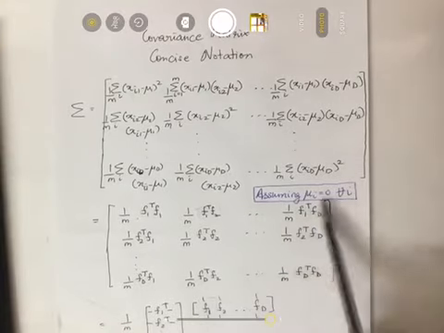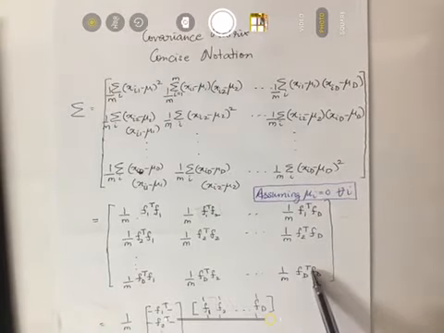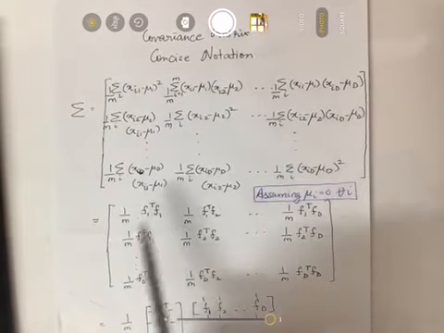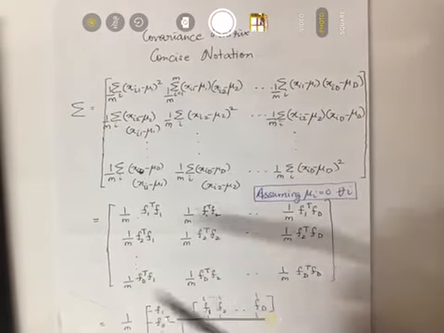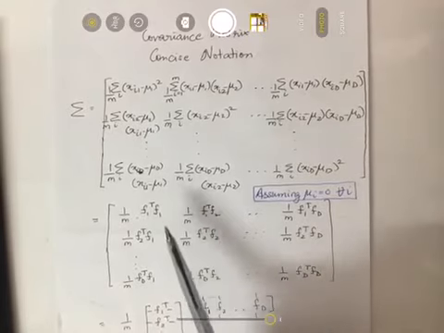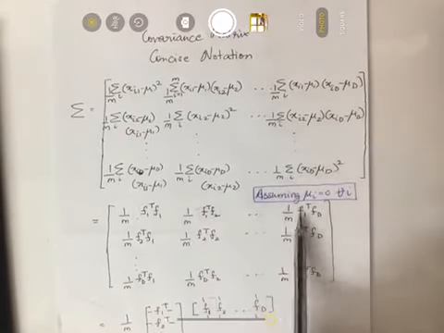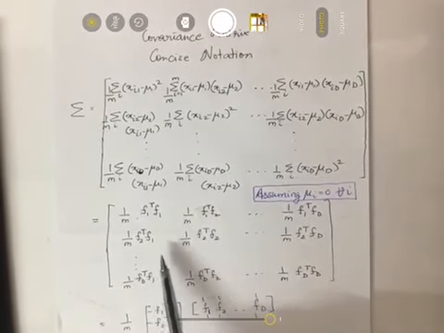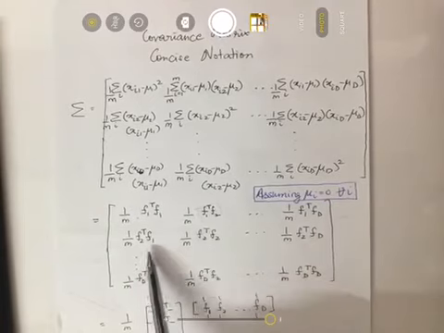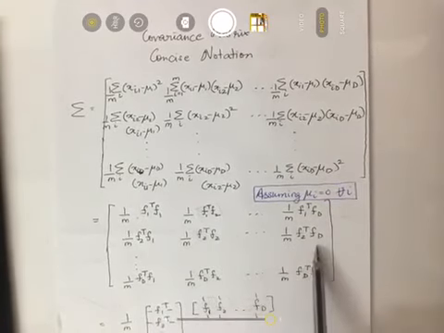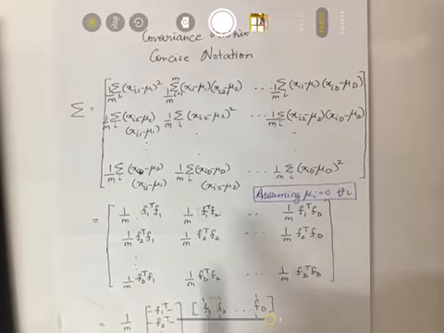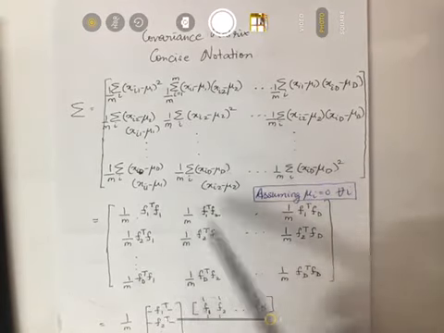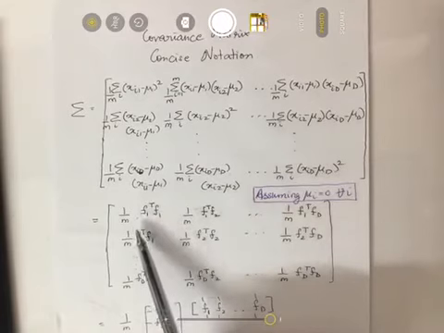So we get this entire matrix. And note from this matrix, in the first row, the left hand side is always F1 transpose, and in every row, the left hand side is the same, you see? And in every column, the right hand side is the same.